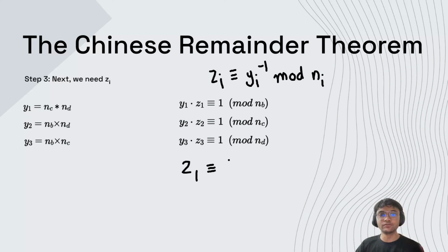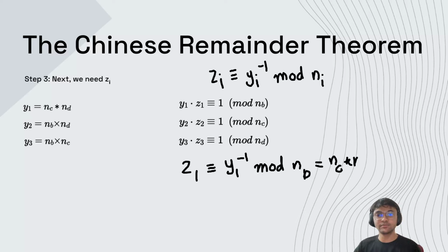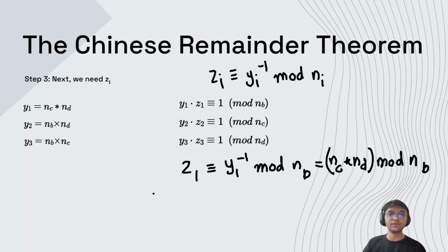For our equation, Z1 would be the inverse of Y1 modulo NB, and that would be the inverse of NC times ND modulo NB. Similarly, for Z2, we have the inverse of Y2.